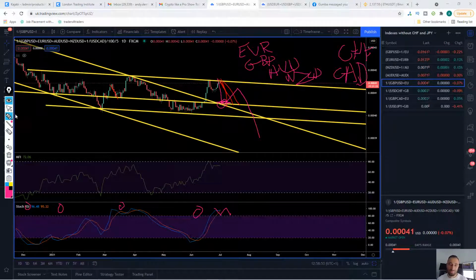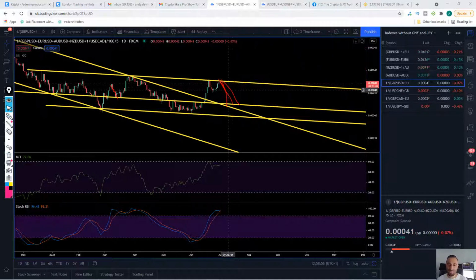And right now, as it stands, unless we break through here, I would be expecting some dollar strength in the market, and therefore we should be looking for opportunities to buy the dollar against pretty much any other currency pair that you trade.